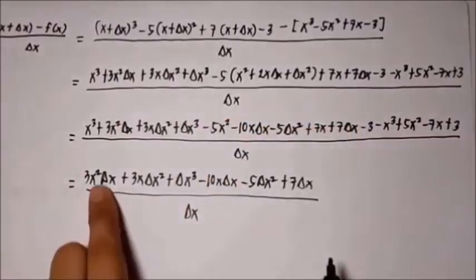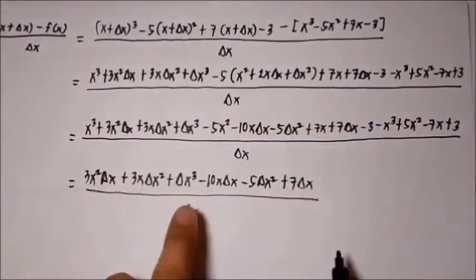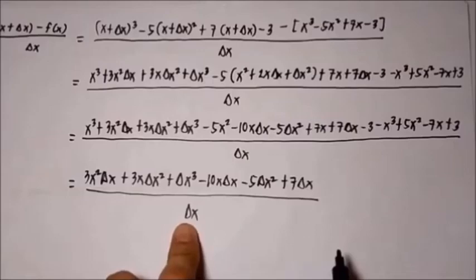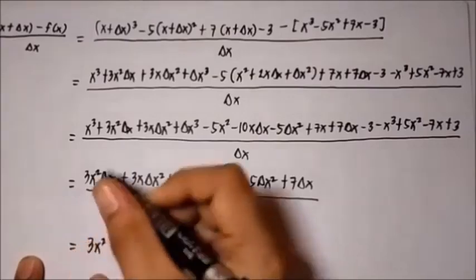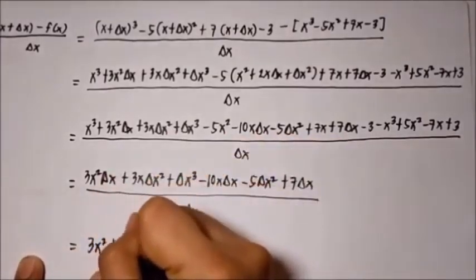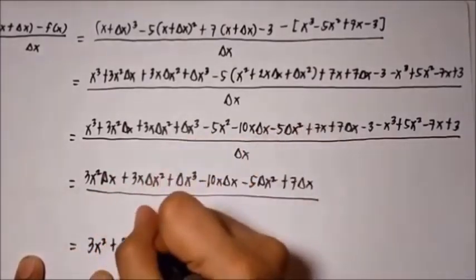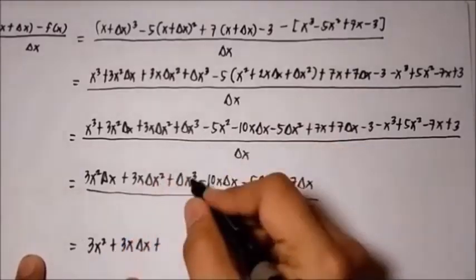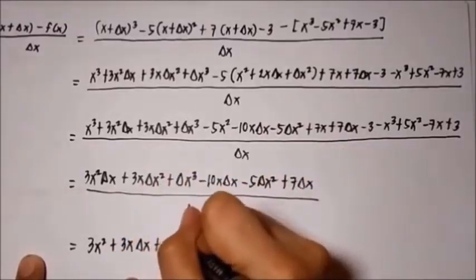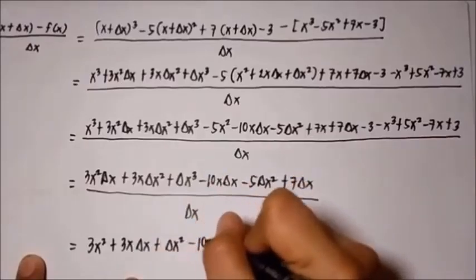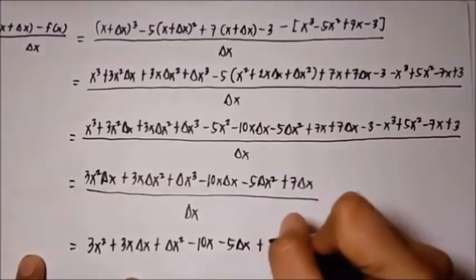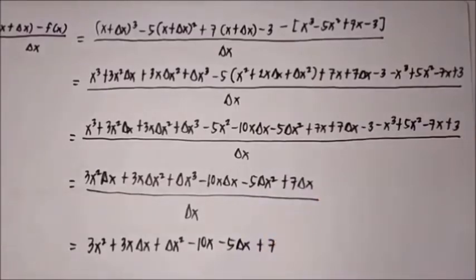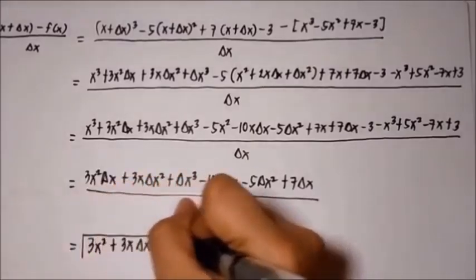So after evaluating the numerator, we will now divide each value on the numerator by delta x. Okay, so this would become 3x squared plus 3x delta x squared over delta x, that would be delta x. And then delta x cubed over delta x, so delta x squared. Then negative 10x and then negative 5 delta x positive 7. Okay? So this would now be the value of the given function.